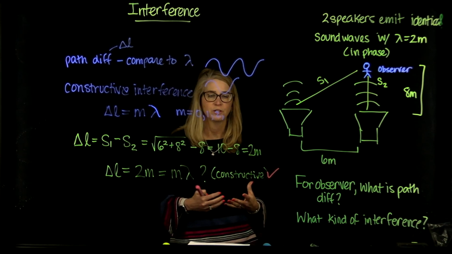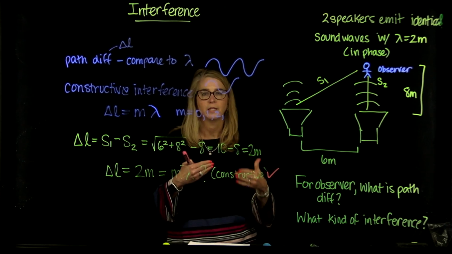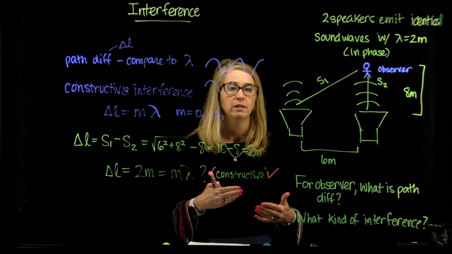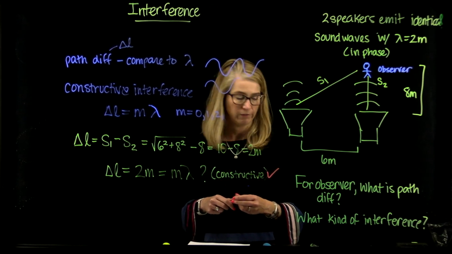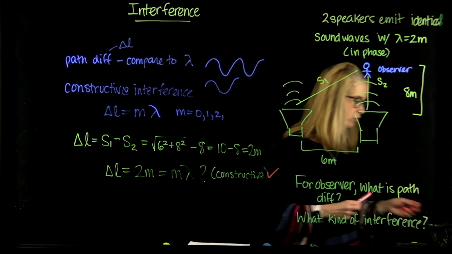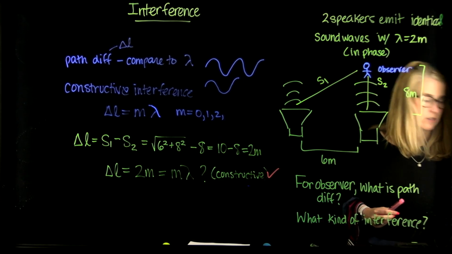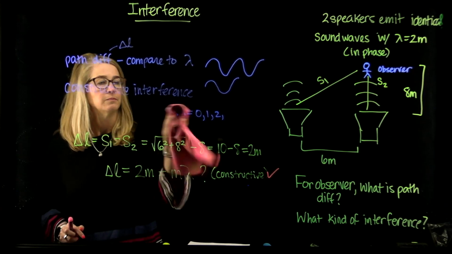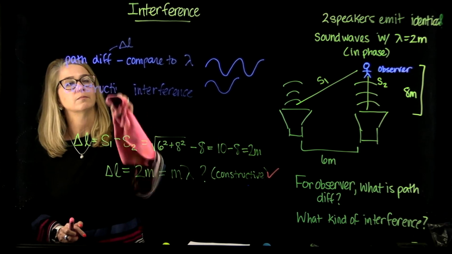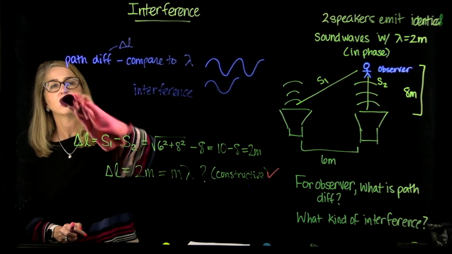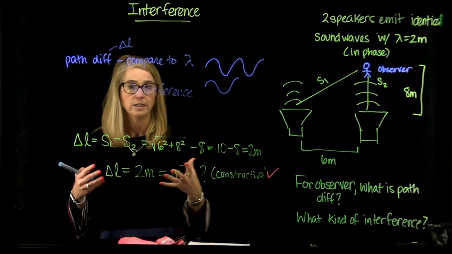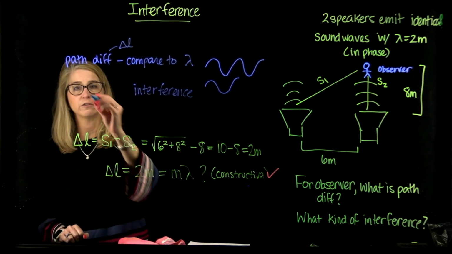If it was destructive interference, it would be like a half a wavelength, 3/2 of a wavelength, 5/2 of a wavelength, etc. So let's actually write down what we would see if we had destructive interference. We already have our condition for constructive interference.